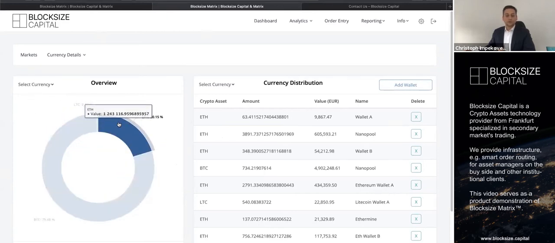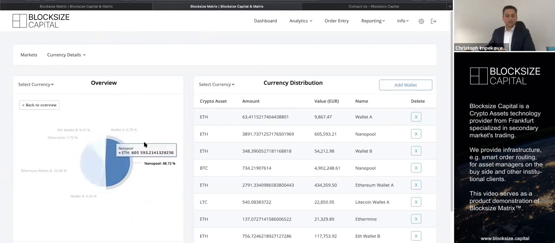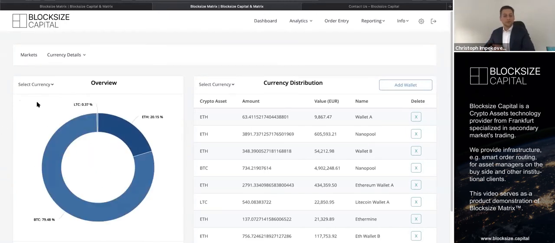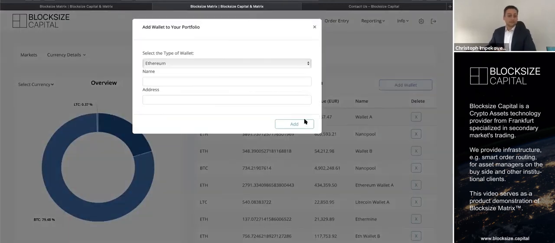For instance, what we can see here in our demo portfolio is that you have dedicated Ether positions and several wallets, which are combined in this overview, right? So you can see the visualizations via our remote Zoom session, and in particular, you're able to add dedicated wallets.